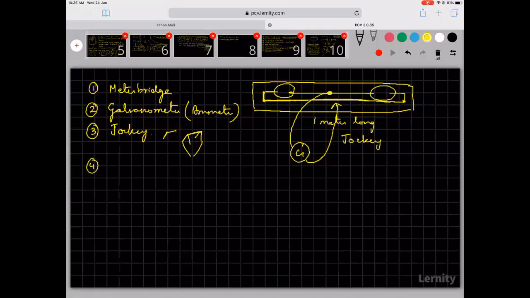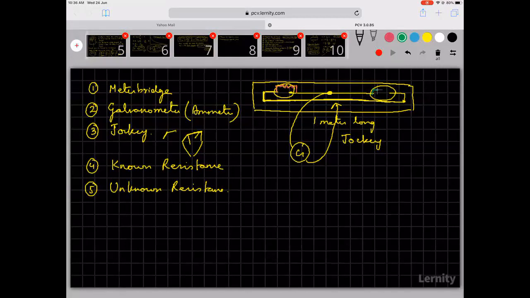Then you have a known resistance, and then you have an unknown resistance. You can put the known resistance here, and you can put the unknown resistance here.